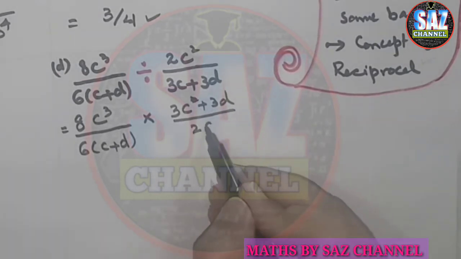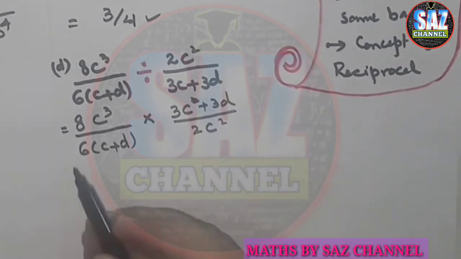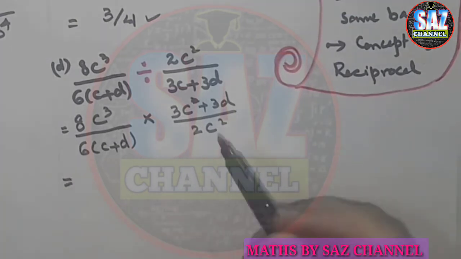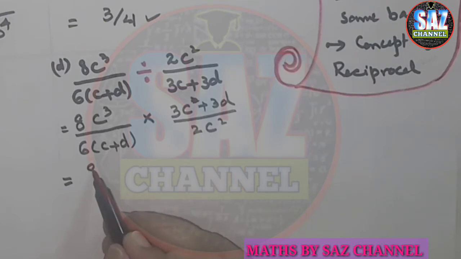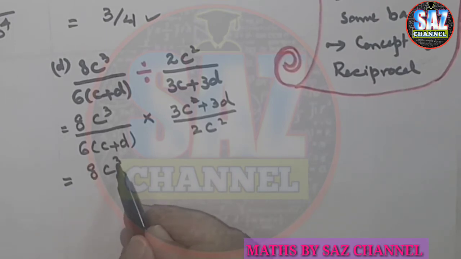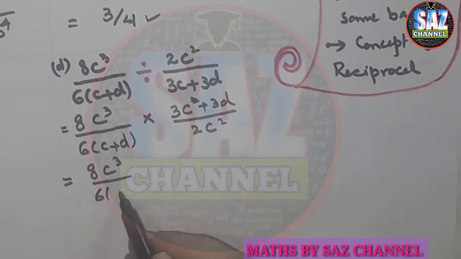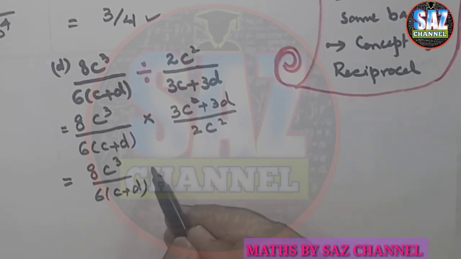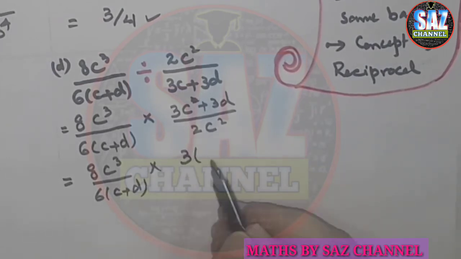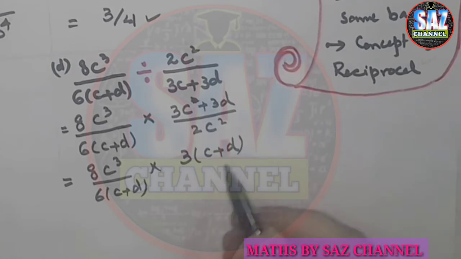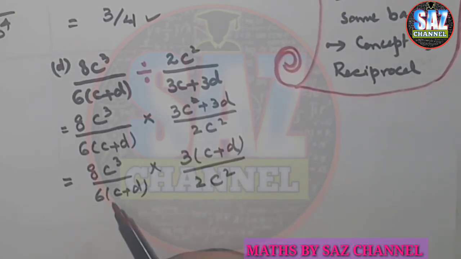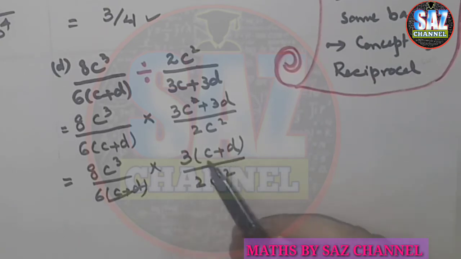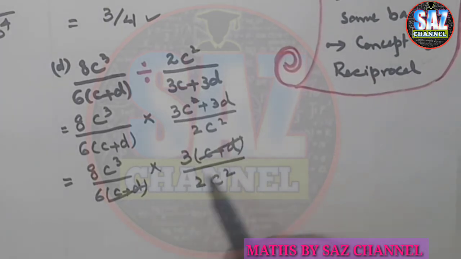Now, if we look at 3c plus 3d, we can extract 3 as a common factor. 6 into c plus d multiplied by, extract the common factor out, 3 into c plus d upon 2c squared. Now look, c plus d is the common term in the denominator and numerator.